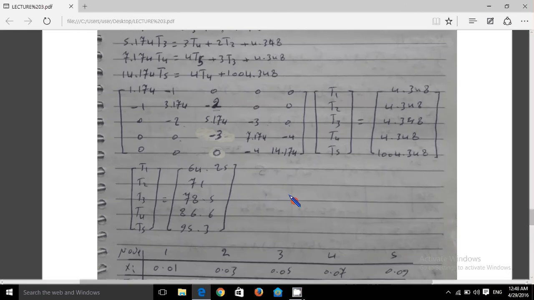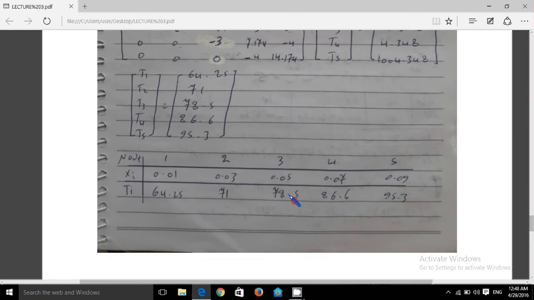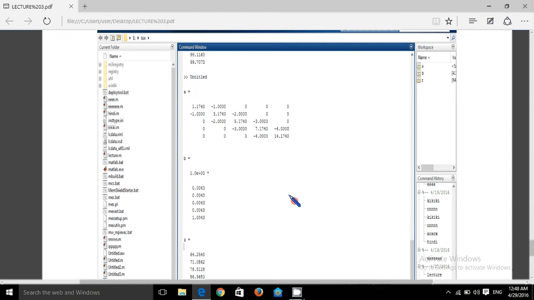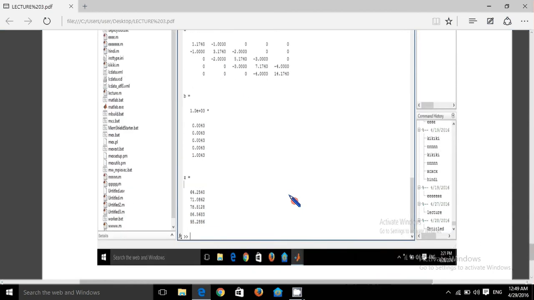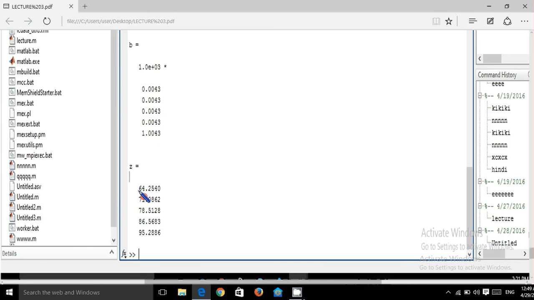You can use a scientific calculator, but here I use the MATLAB program. It's easier. You can find the result quickly. As you see, this is the result: 64, 71, 78, 86, 95.